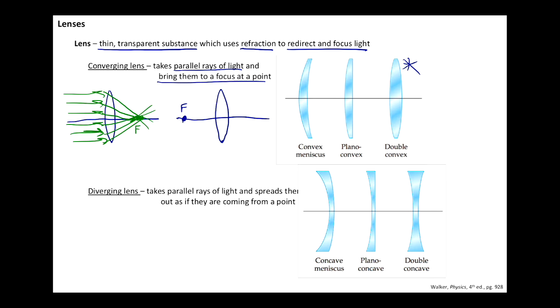If I have light that's coming from a source, it diverges from a source. Whether that be a single light bulb or whether that be the iPad sitting here, light starts at a point and spreads out. The light rays get farther and farther apart the farther away you get from the source. So we could draw a few of the light rays that are spreading out from the source, and let's just look at the ones that are heading toward the lens, keeping in mind there are some going all the other directions as well.